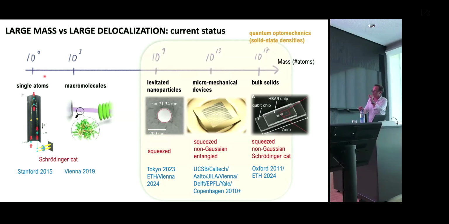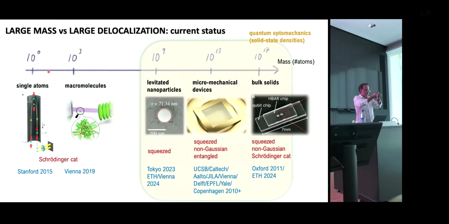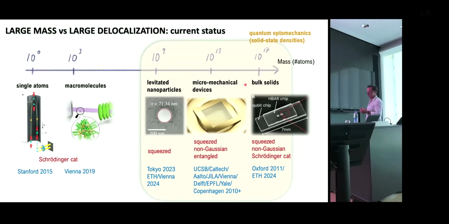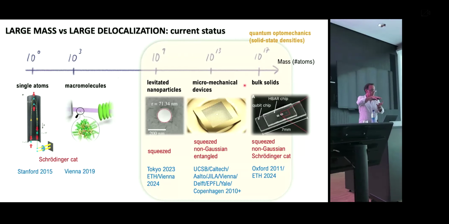These are systems where quantum states of motion, so really non-classical motional states, so spatial delocalizations of a center of mass degree of freedom, have been demonstrated, ranging from single atom systems up to bulk solids, where we have the collective motion of up to 10 to the 18 atoms in an acoustic mode of such a bulk acoustic resonator.